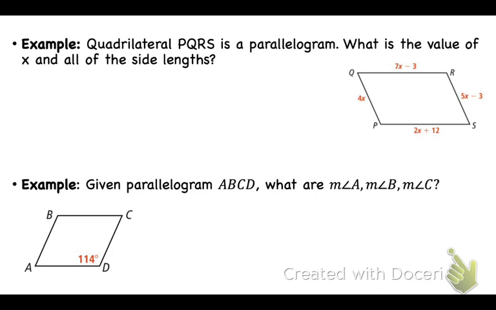So how are we going to do this? What do we know about opposite sides? They're congruent. So that means I can set those equations equal to each other. So 7x minus 3 equals what? Equals 2x plus 12.